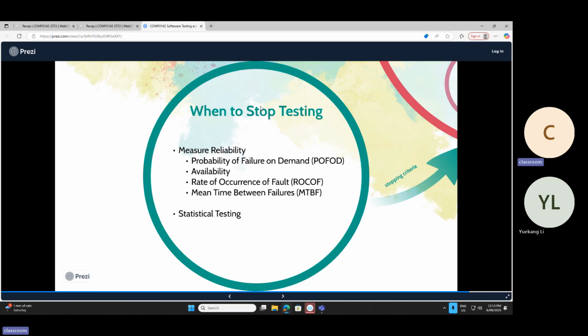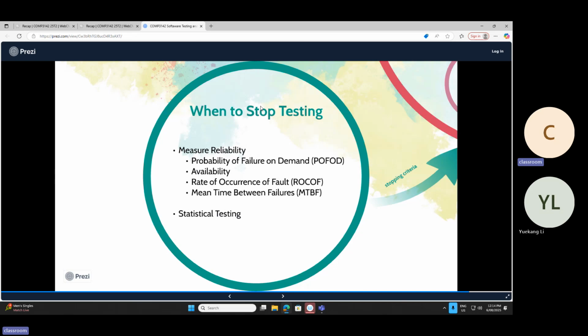So we learned different metrics for measuring reliability. Reliability means the program can run without problems during the observed period of time. So we observe this program for a period of time, and during this observation, if the program doesn't run into any problem, then it is considered reliable.